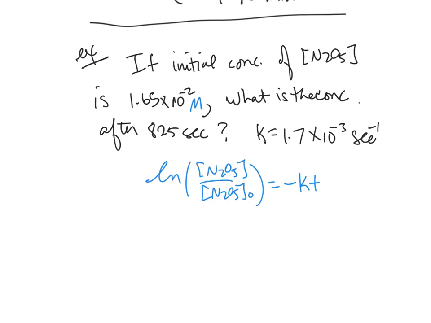Would it make sense to do that? So you've got the time, 825 seconds, rate constant, 1.7 times 10 to the minus 3. You're given your initial concentration right here, and your job is to figure out what is the concentration after 825 seconds. So it would be appropriate then to use the integrated rate law, the way we have it here.